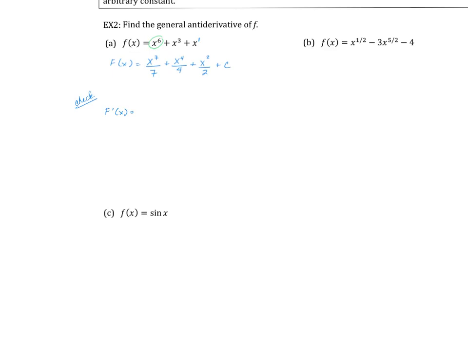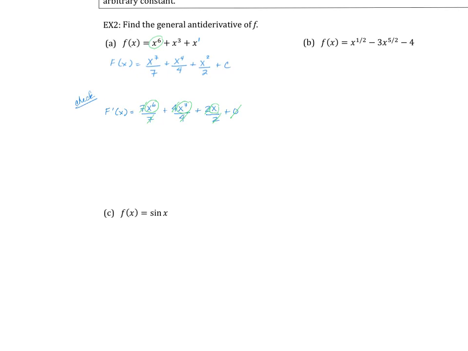And now look, if I take the derivative of x to the 7 over 7, it becomes 7x to the 6 over 7, plus x to the 4 over 4, x to the 4th over 4 becomes 4x to the third over 4, plus 2x to the 1 over 2, plus 0, because that constant is just 0. 7's cancel, 4's cancel, 2's cancel, 0's gone, and I'm back to my original function, x to the 6 plus x to the third plus x.